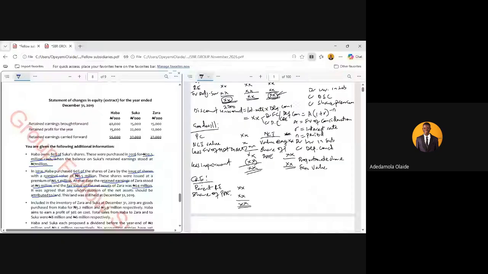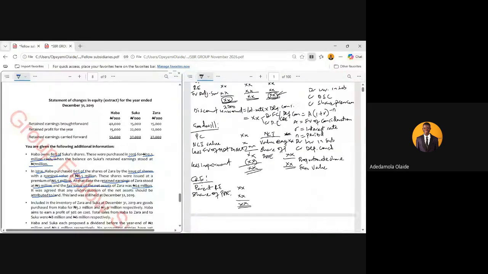So what do we then do? We take whatever difference we have to be a fair value adjustment to the land. We'll come back to that.